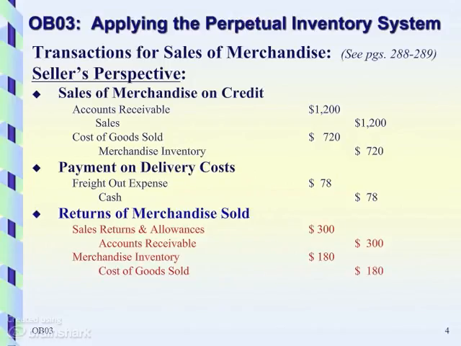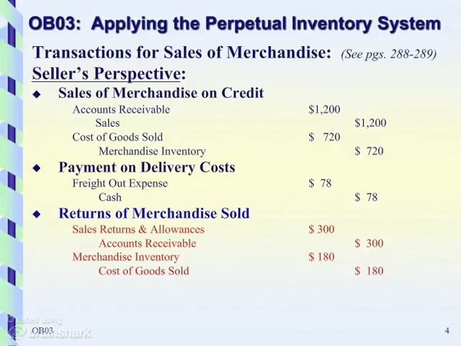Next, if a piece of the merchandise that we sold above is returned by our customer, then in this case, again, we have to update two types of accounts. We have to update the sales returns and allowance account and reduce our accounts receivable, and we also have to reflect the change in the merchandise inventory and cost of goods sold because that item is no longer sold.